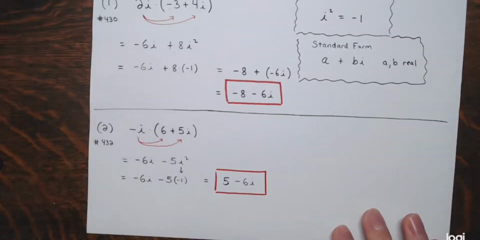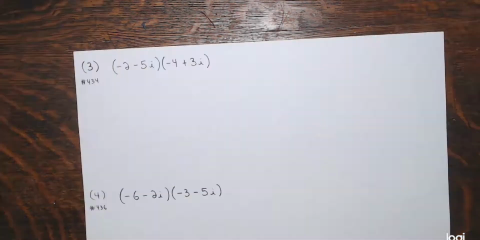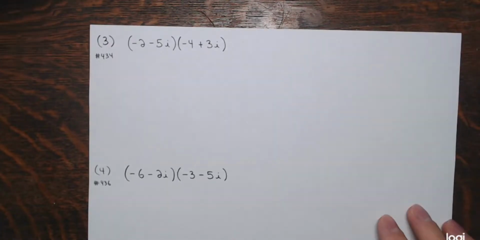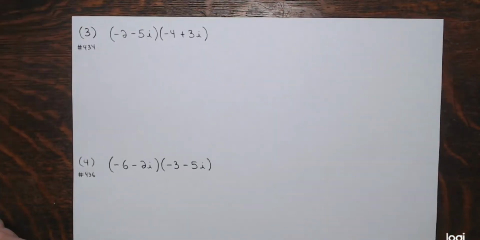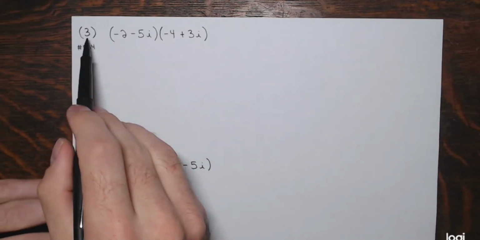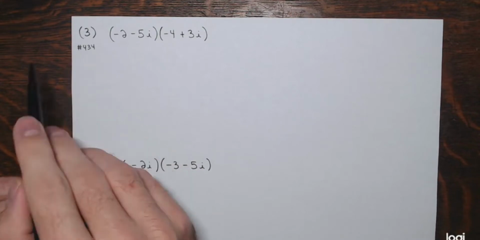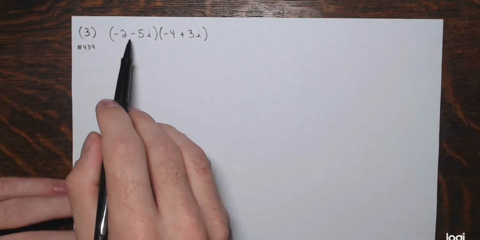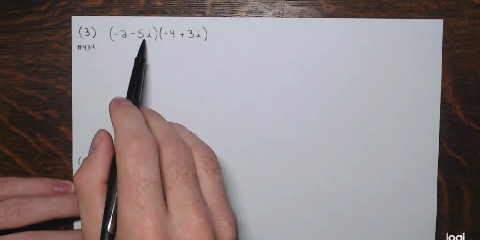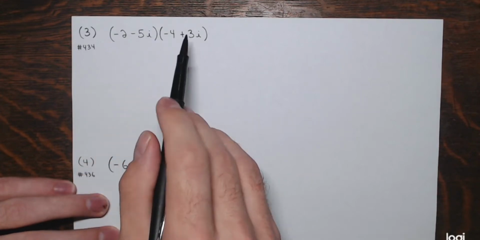Alright, the next question involves a little more distributing. Again, I'm hoping that you remember how to multiply polynomials, because we have two-term expressions multiplied together. So number 3, which is 434 in the text. We have something with two terms, a real term and an imaginary term, multiplied by another complex number with a real term and an imaginary term.